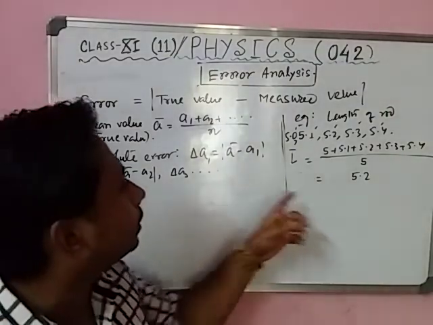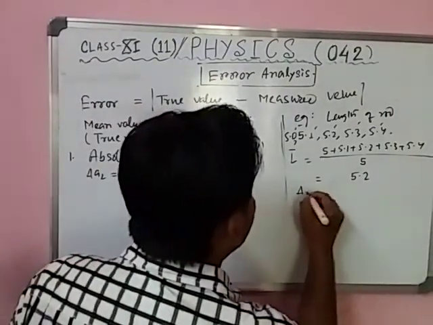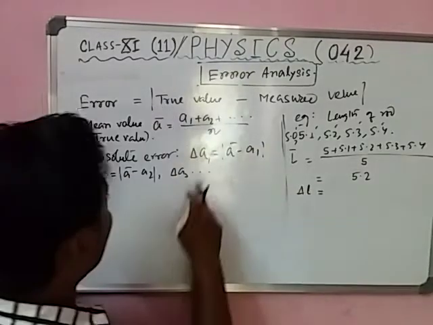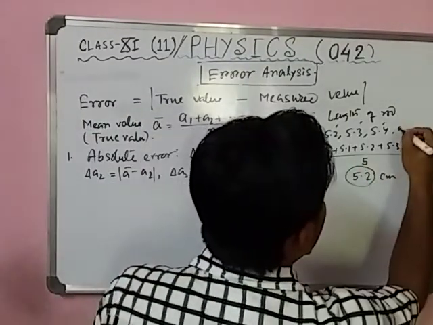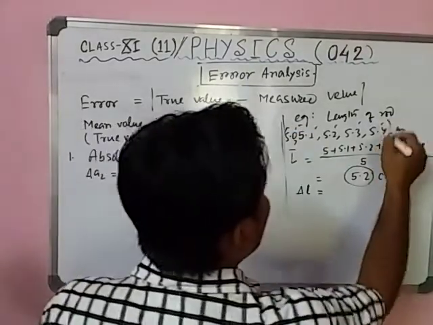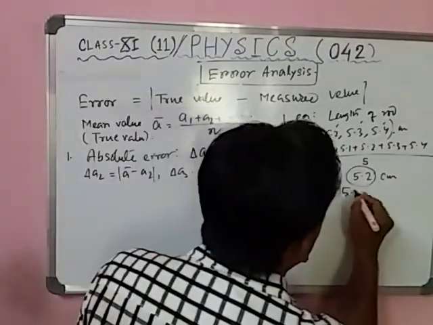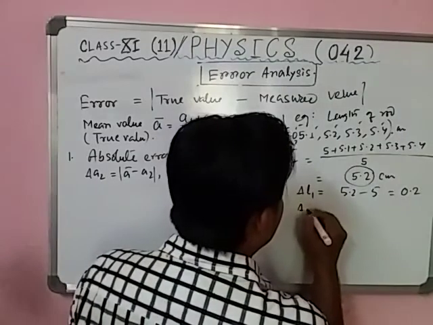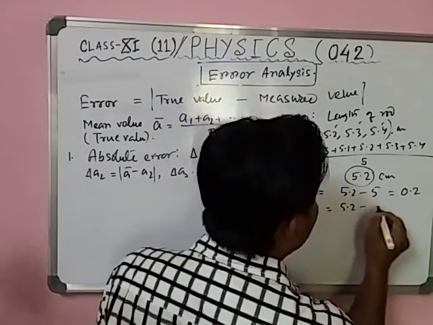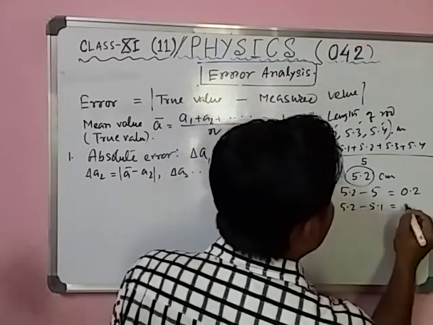So absolute error means the true value minus the observation. Here we can write delta L is equal to true value 5.2 centimeters minus the first one, which is 5. So here it will be 0.2, delta L1. Delta L2 is equal to 5.2 minus 5.1, which means 0.1.